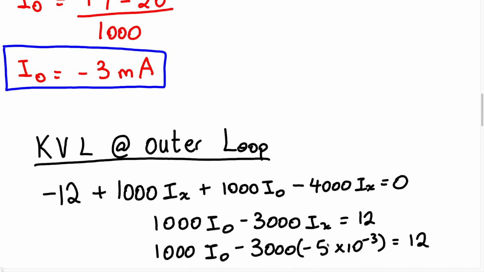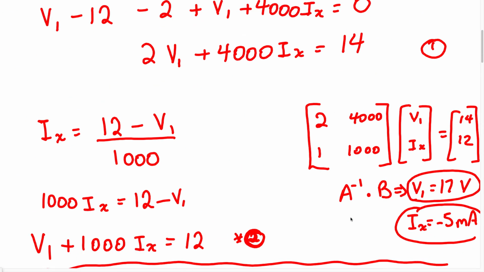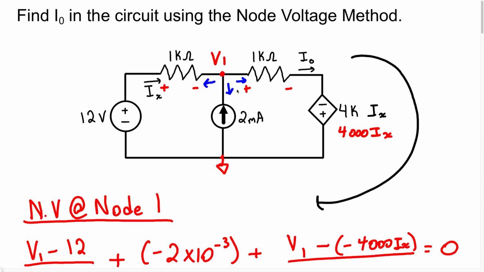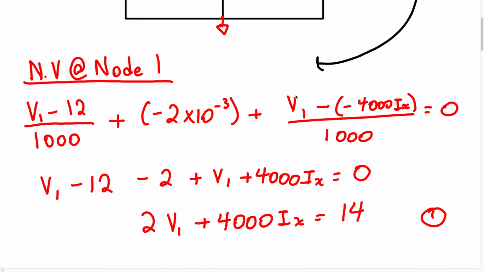As you can see, there are multiple ways to solve this particular problem. Once we knew the voltage at node 1 and the current flowing through this resistor right here, which we found using the node voltage method and writing an equation for the dependent source, we were then able to solve anything else we wanted to solve in this particular circuit, and they wanted us to find the current IO.